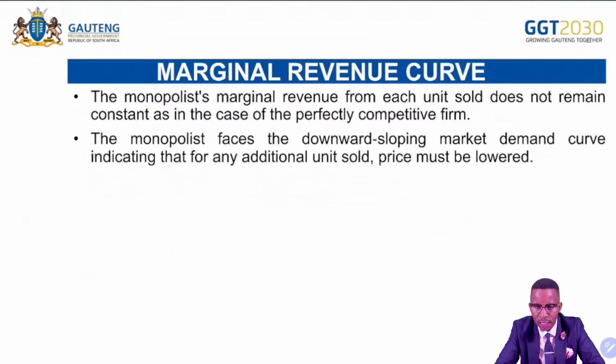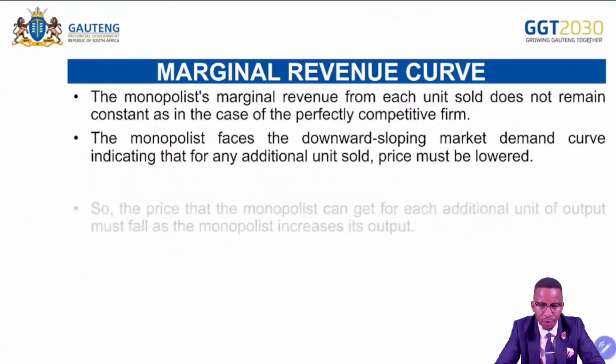The monopoly faces the downward sloping demand curve, indicating that for any additional unit sold, the price must be lowered. So if the firm wants to produce and sell an extra unit, the firm must lower the price. In that case, that will always lead to the marginal revenue differing from the average revenue curve.